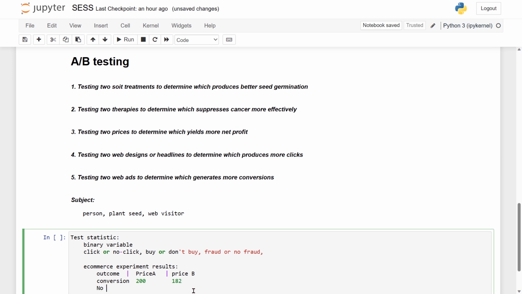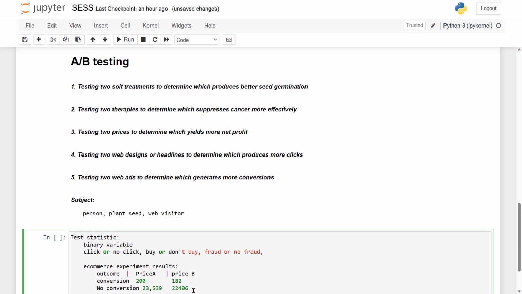No conversion: 23,539, this is just a count, and 22,406. So in this example, this is an actual price test.